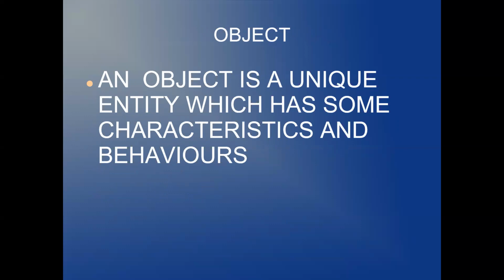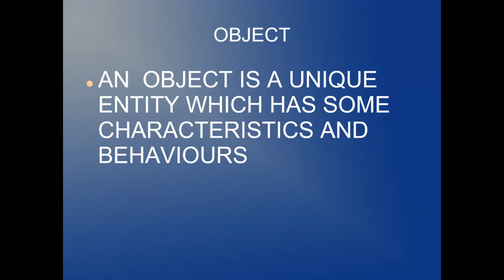Matter is something which can be perceived by the senses, which occupies some space and has certain volume. Similarly, an object is something which has some characteristics and behaviors. So we can say that everything is an object.